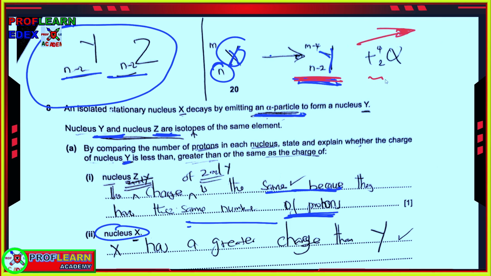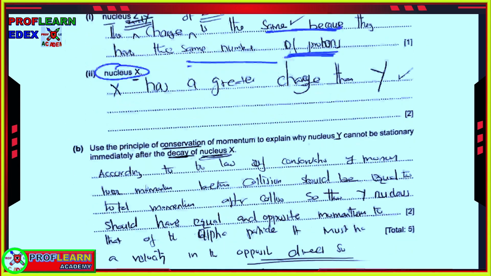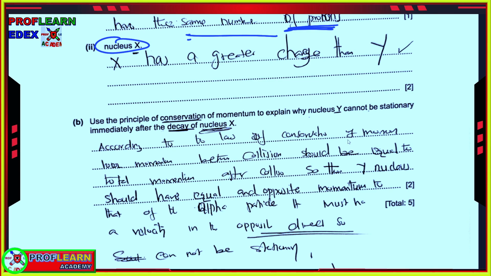So remember, the law of conservation of momentum states that momentum before collision is equal to momentum after collision. So this means the total momentum has to be conserved.